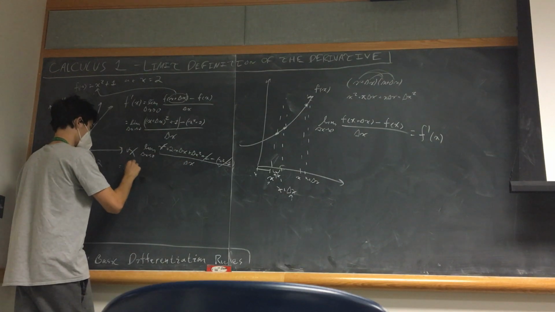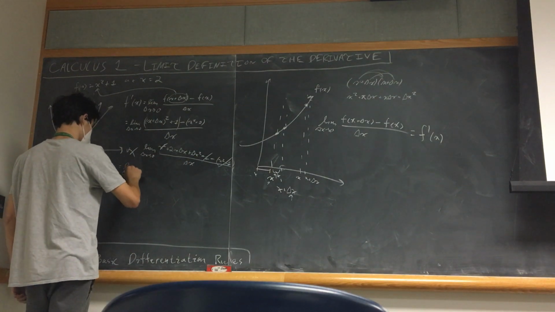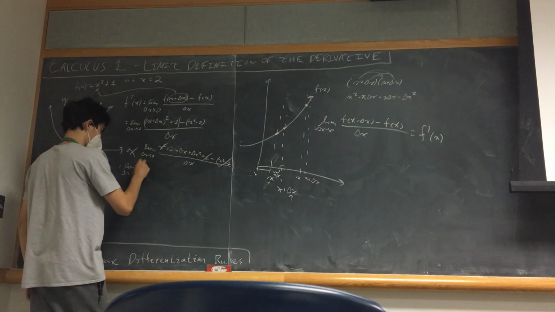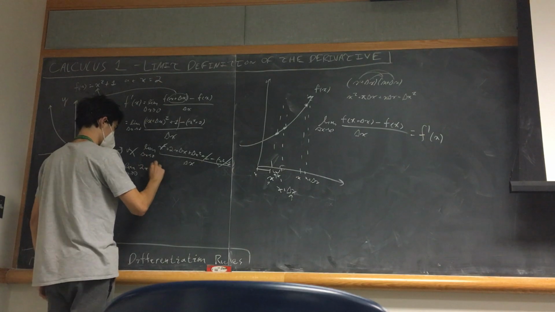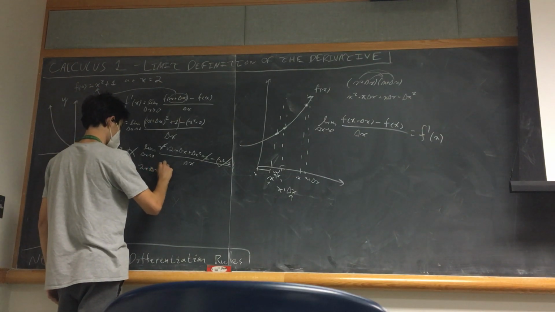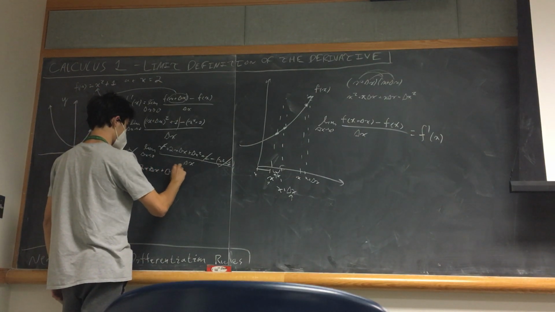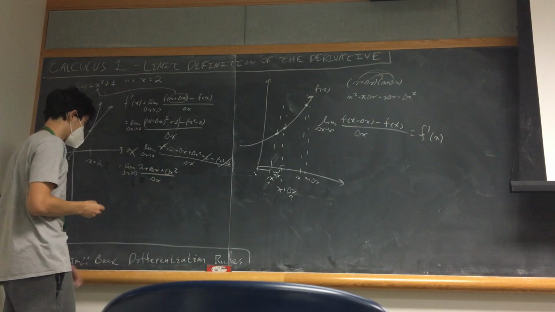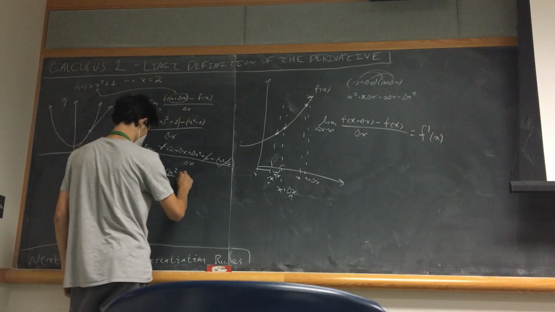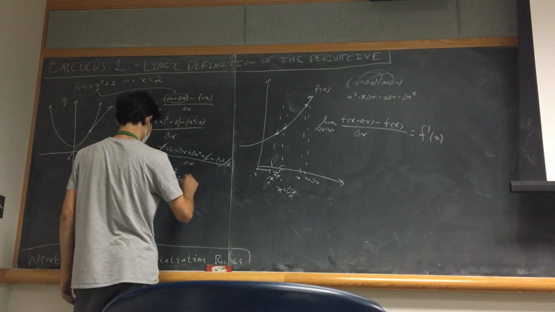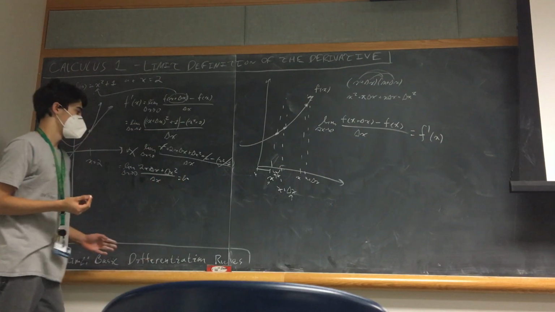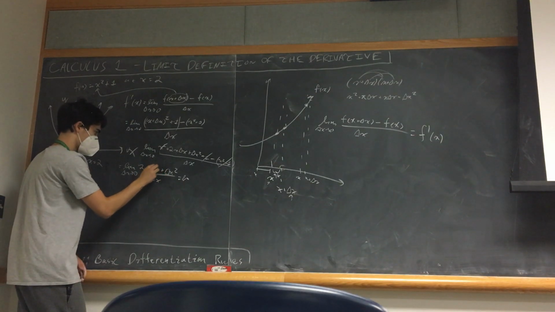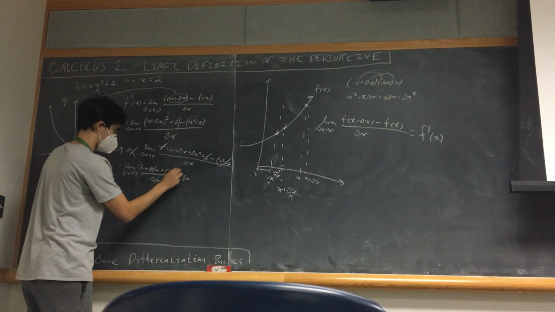So this becomes the limit as delta x approaches 0 of 2x delta x plus delta x squared over delta x. We can factor a delta x out to the front and cancel. We have a delta x here, delta x here, delta x here. I'm going to cancel one of these.